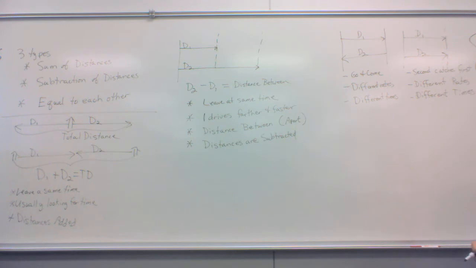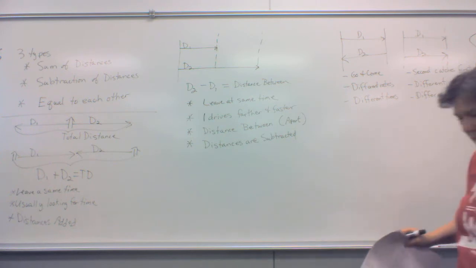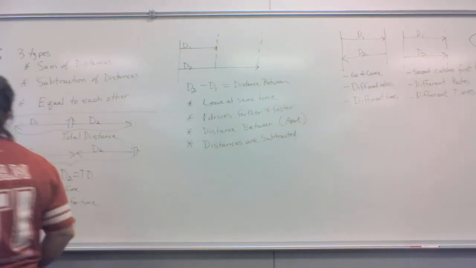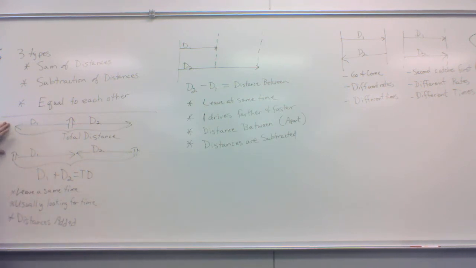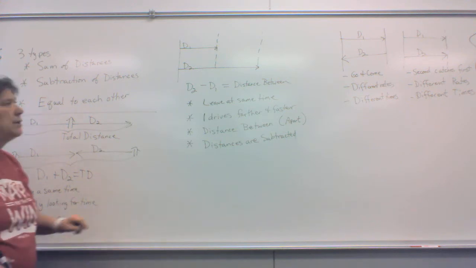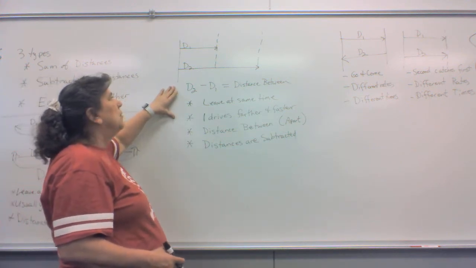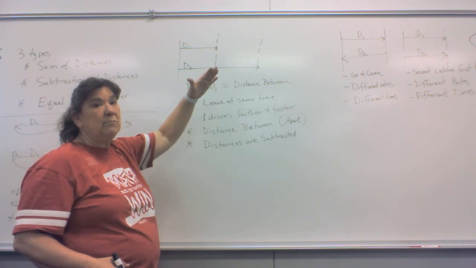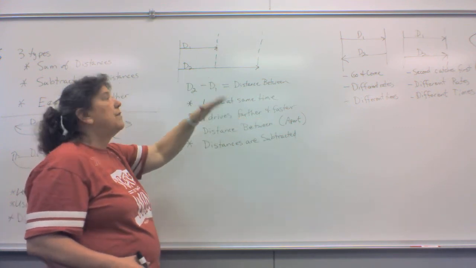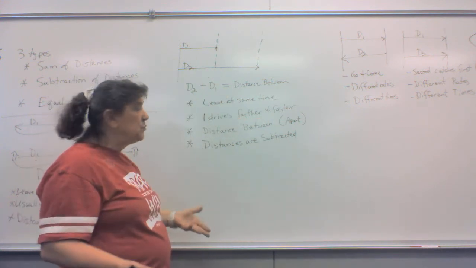All right? So let's go over these 3 examples again. The first type of example, the two distances are added to each other because they're either going apart from each other or they're coming towards each other to meet in the middle. And they leave at the same time, and the distances are added, and you find out how long it takes that to happen. My second one, we're looking at both leaving at the same time, but one goes faster, farther, and they want to know what is the distance between the two.